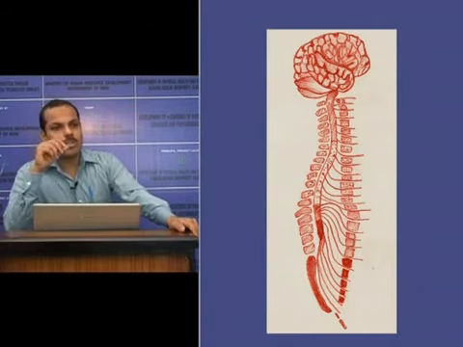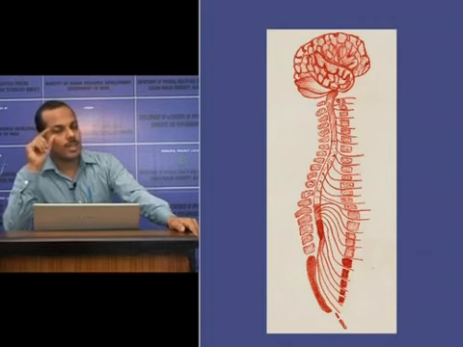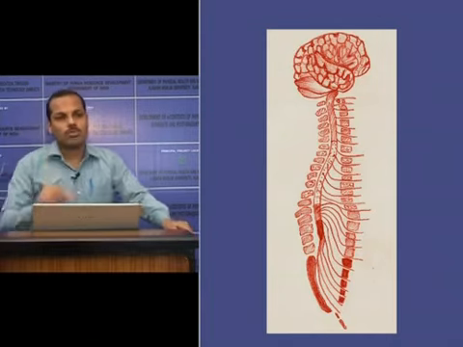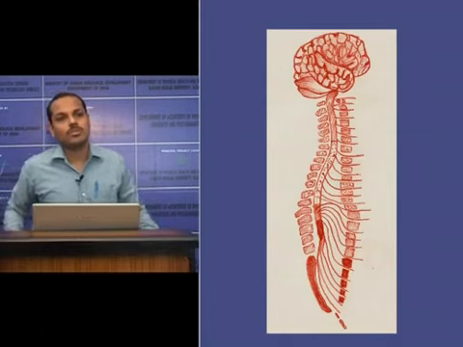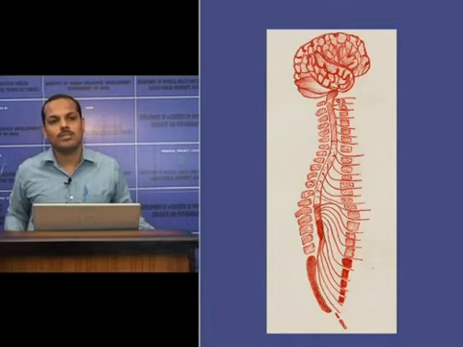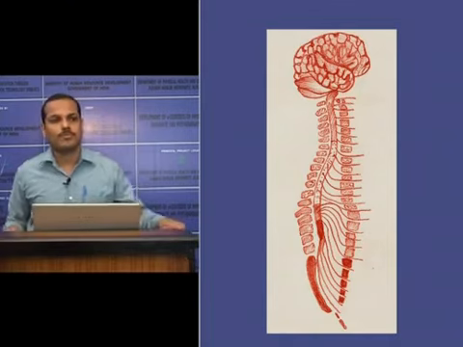The spinal cord extends from the foramen magnum as a continuation of the medulla, at the cervical region, and comes down through the vertebral canal to the lower level of L1, and in some cases to the upper level of L2.